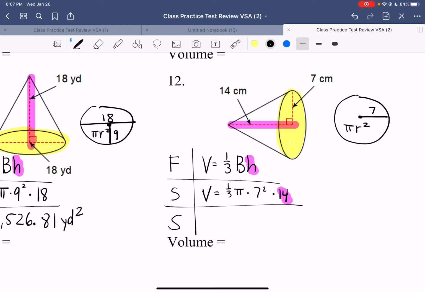And from there we go pi times 7 squared times 14 times 1/3. Gives us a volume of 718.377, which would be 718.38, and that's centimeters cubed.